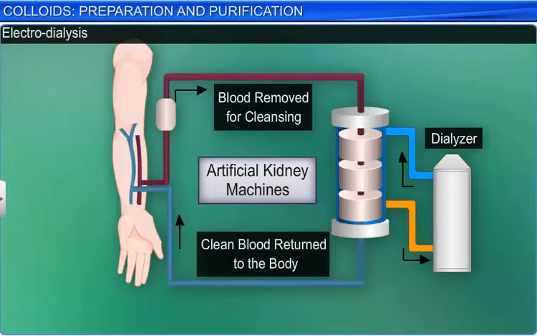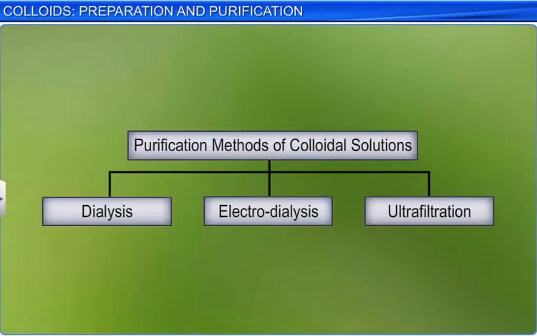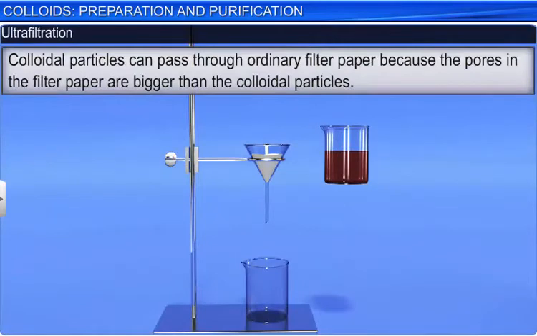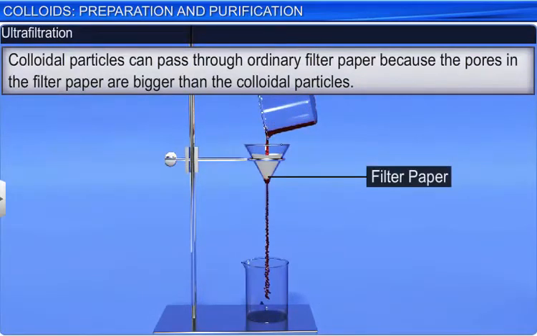Let us now discuss the third method for the purification of colloids: ultrafiltration. It is important to note that colloidal particles can pass through ordinary filter paper because the pores in the filter paper are bigger than the colloidal particles.